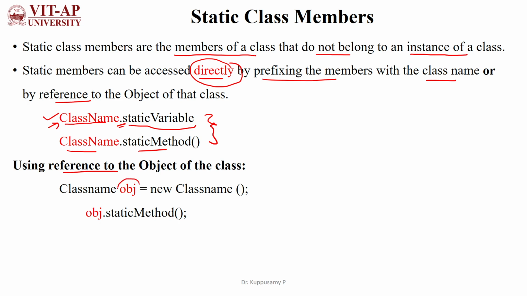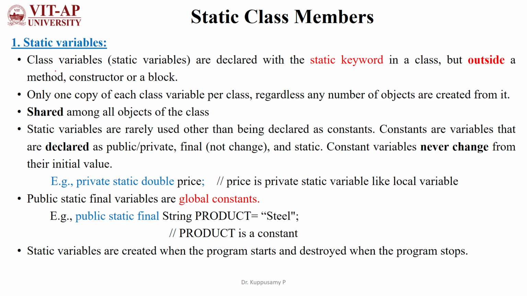First we create the object variable with respect to that class name, then that object variable is used to access that static method or static variables. The examples we will see by looking at the introduction of the static variables.